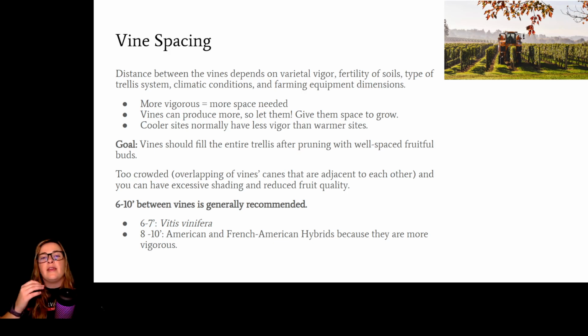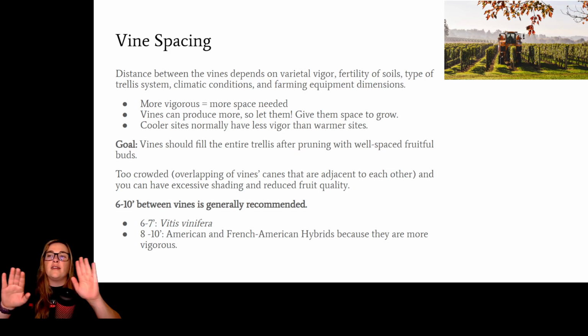Cooler sites normally have less vigor than warmer sites, so they can be planted closer together. Ultimately, your goal is vines should fill the entire trellis after pruning with well-spaced, fruitful buds. If it's too crowded, like the neighboring vines are kind of crossing over into each other's territory, it can have excessive shading and will impact the quality of your fruit, right?